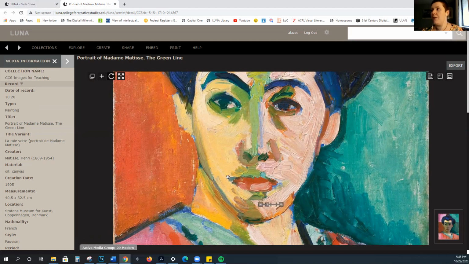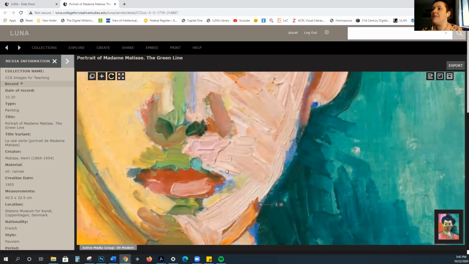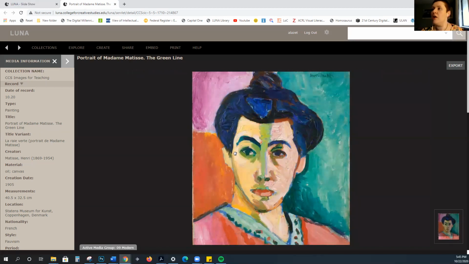And this is not an expression of distaste or anger towards his wife. This is merely using color to achieve something else, right? Matisse is the leading character in the Fauve movement, and he realizes the expressive power of color when he's painting in 1904 or 1905.